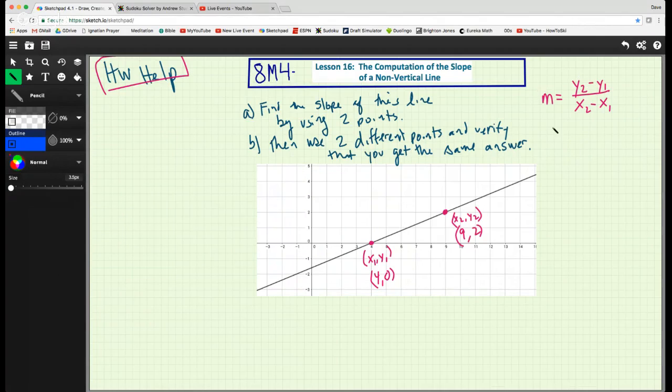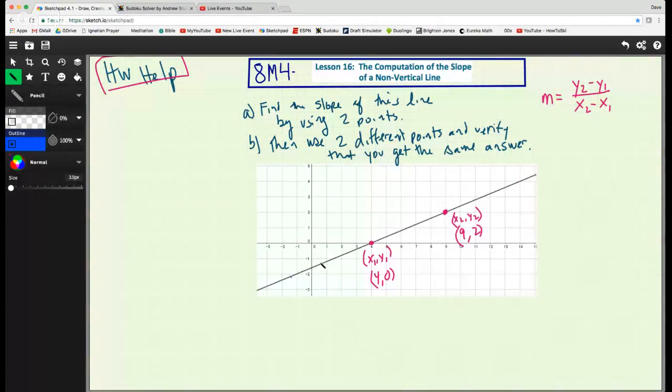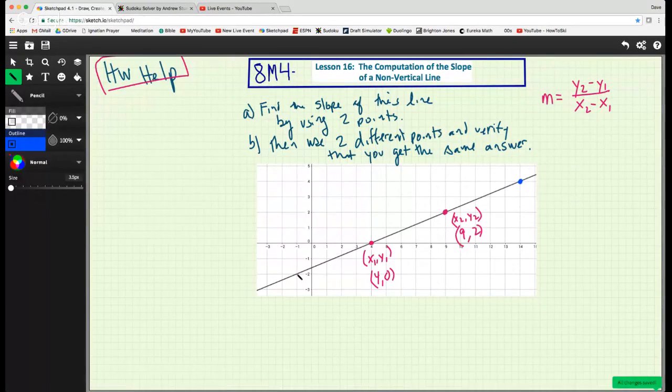Okay, I assume you've tried it, you found the slope, and you're all happy, and you've maybe even gone ahead and found 2 other points, maybe this point and this point, and gone ahead and calculated the slope a second time. So we're going to do that. We're going to use these ones way apart and see what happens. Here, I'll just mark them right now. So those of you who want to go ahead and find this one also, go ahead.